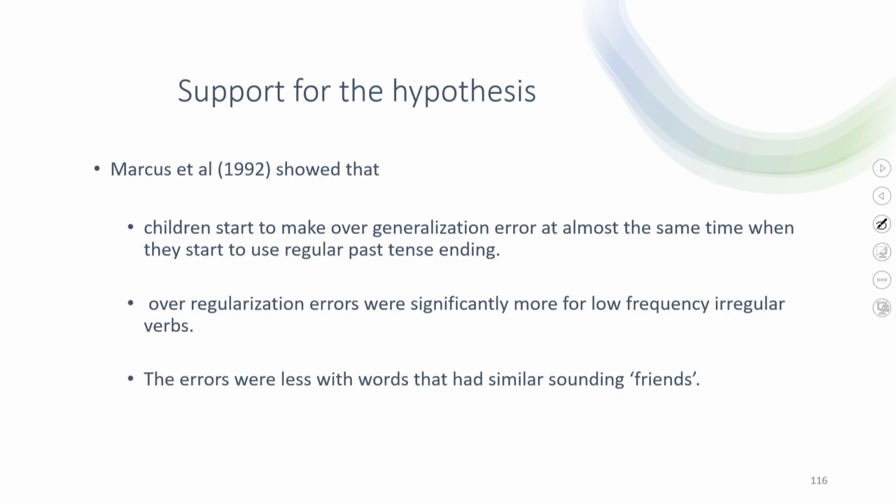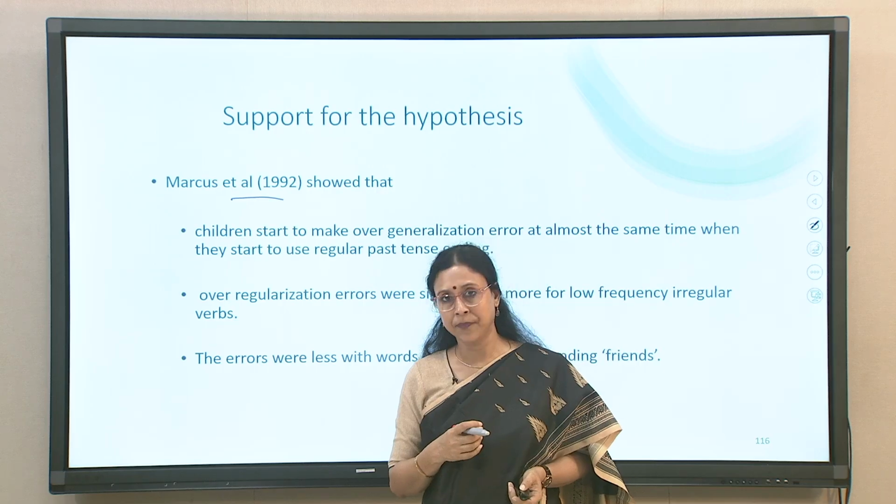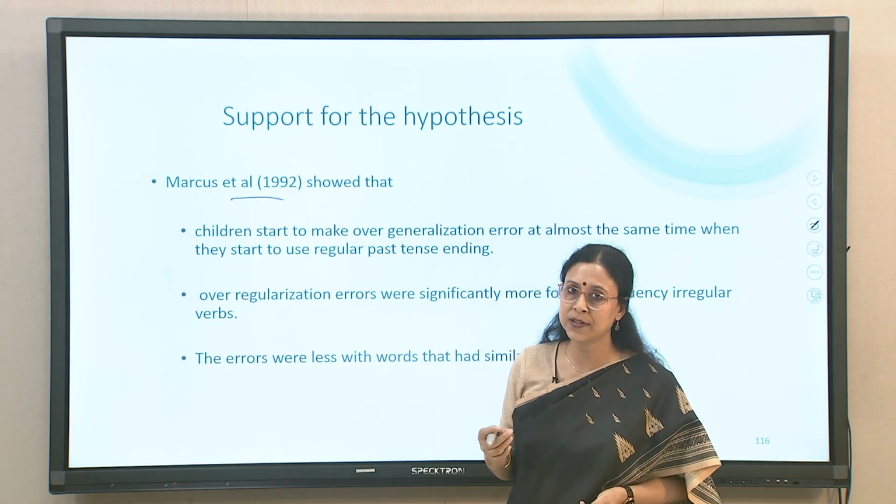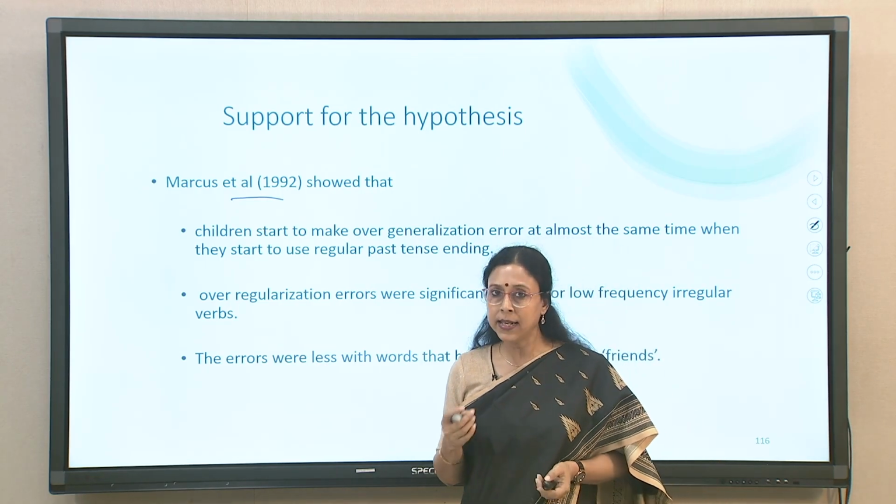One of the more well known ones is by Marcus et al. They found in their study that children start to make over generalization errors at almost the same time when they start to use the regular past tense ending. By regular past tense ending, we mean the ed ending.